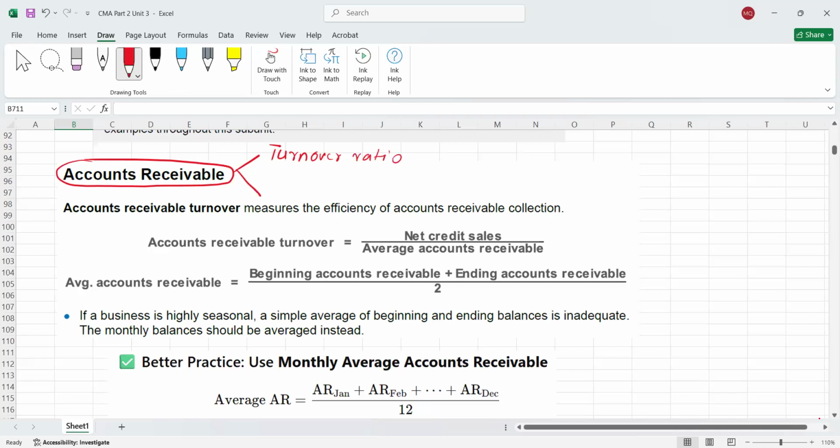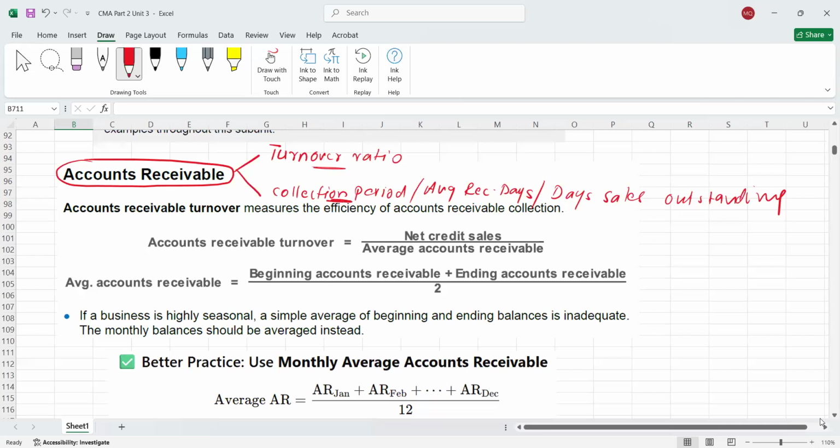The second is the collection period. Collection period is also called average receivable days, or days sales outstanding. These are different names they can use, you just have to remember. The most common names we use are collection period or turnover ratio.